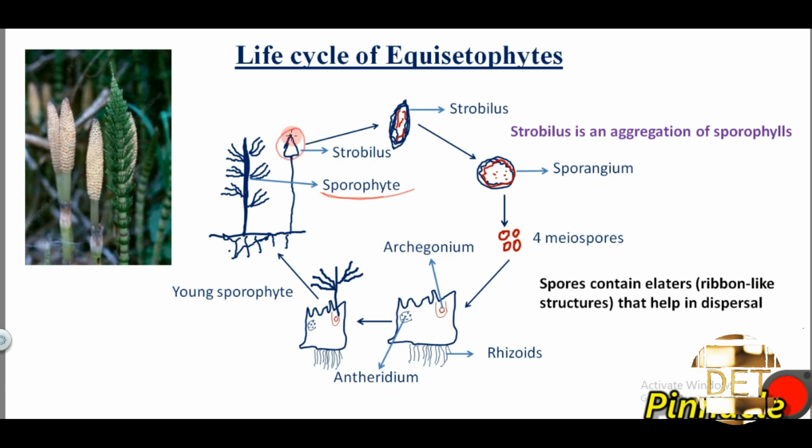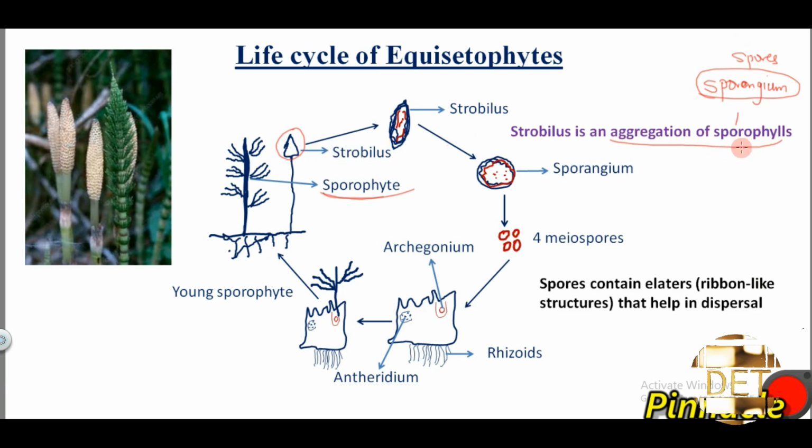We've talked about what a strobilus is before: a strobilus is an aggregation of sporophylls. Sporophylls are leaves that produce sporangia, leaves that contain the sporangium that produces spores.